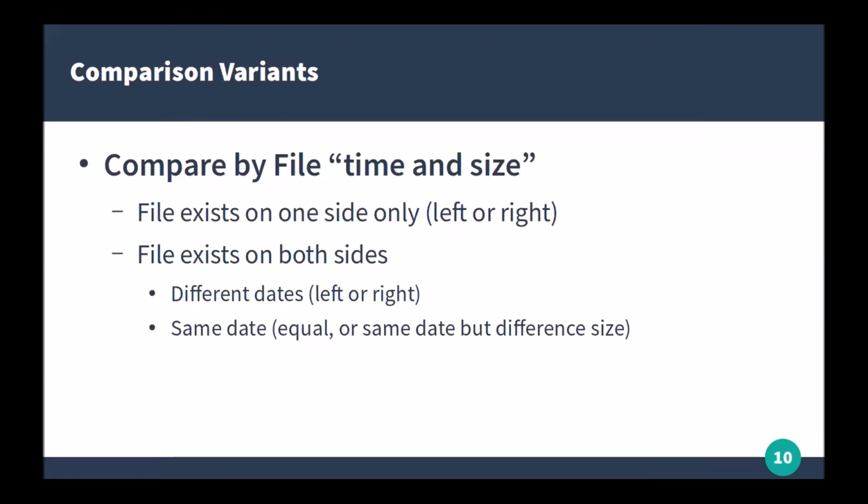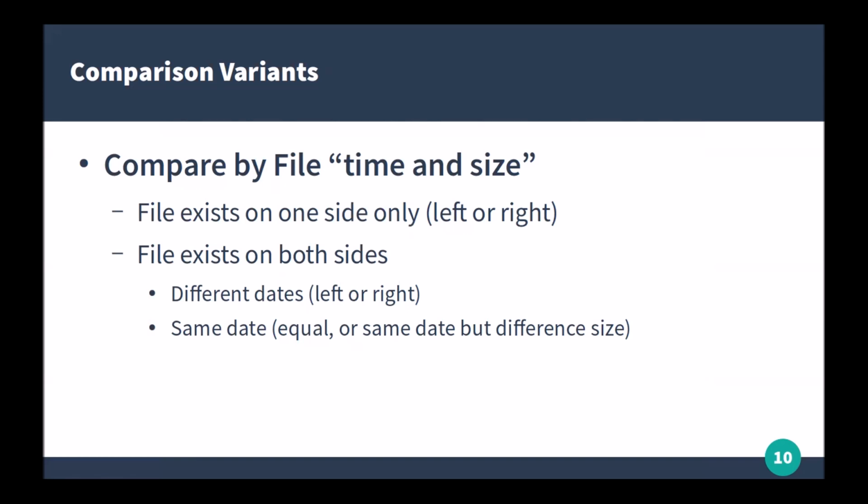Now let's talk about how this program works. And the first important part is that it does comparisons. And so it compares your files, and you have three different options. You can do it by time and size, which means it looks at the left side and the right side. Left will be the source, right side will be the target, and it examines it.